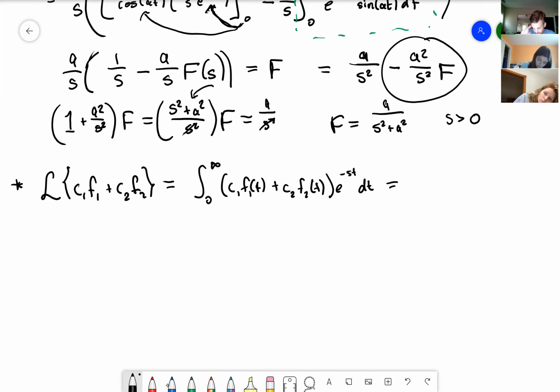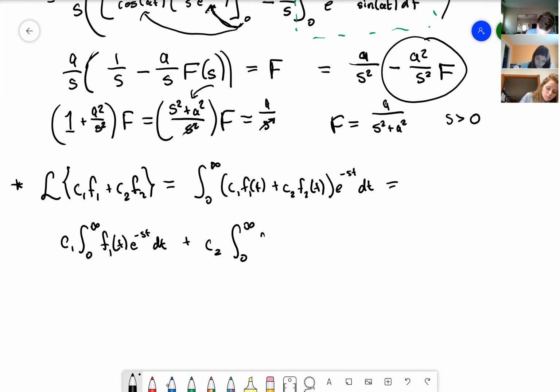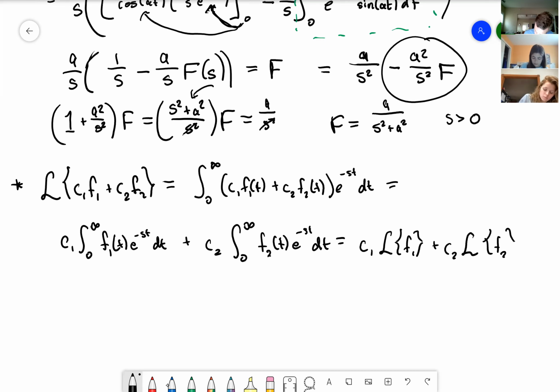If I just distribute that e to the minus st out, split this into two integrals, then pull the c's out in front, I get c1, the integral from 0 to infinity, f1 of t, e to the minus st dt, plus c2, integral from 0 to infinity, f2 of t, e to the minus st dt. And now you'll see that this has been split up into two Laplace transforms. So this is c1 times the Laplace transform of f1 plus c2 times the Laplace transform of f2.